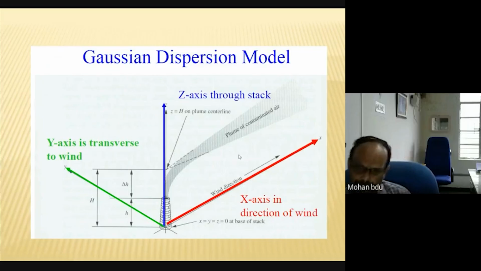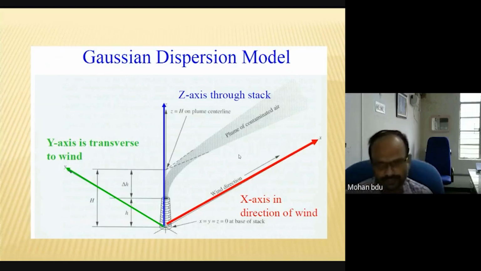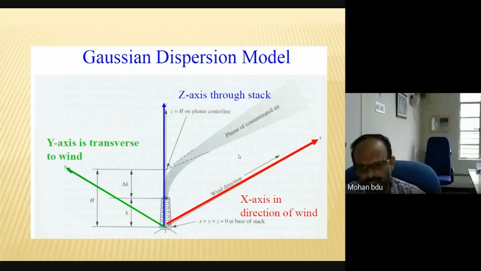The movement of the plume towards the wind or the downwind direction is the x-axis, and then the horizontal movement of the plume is given here from the stack. As the plume moves, it spreads horizontally.